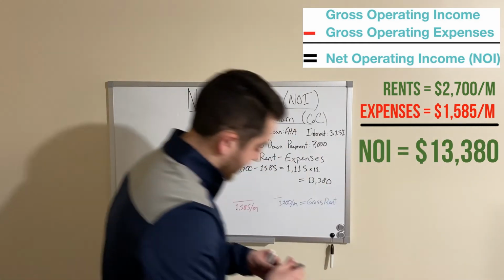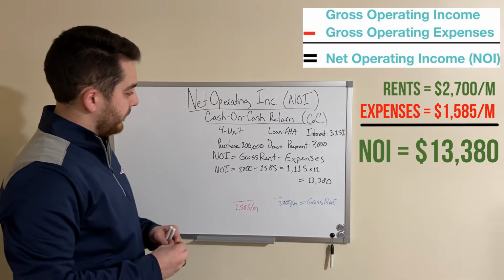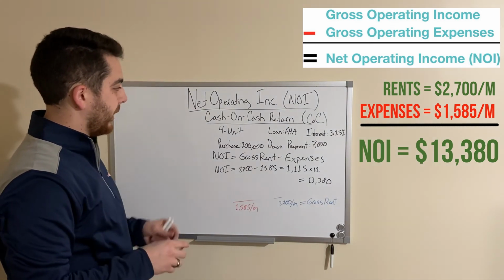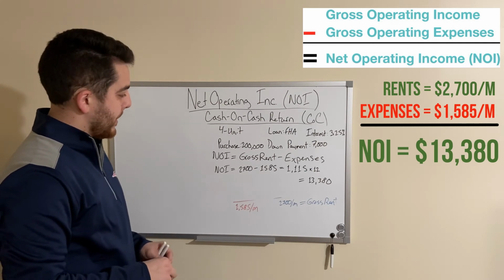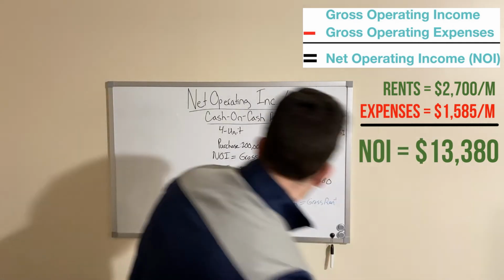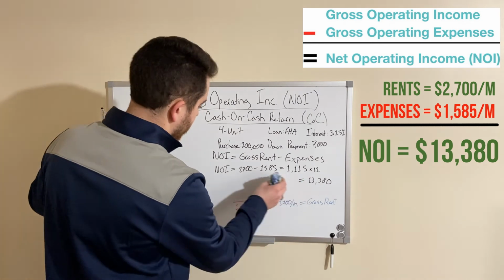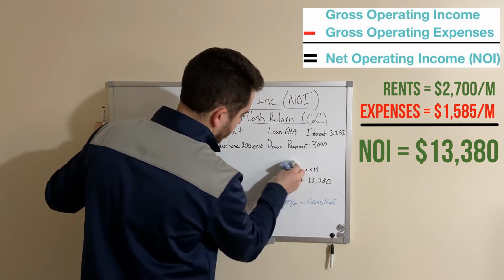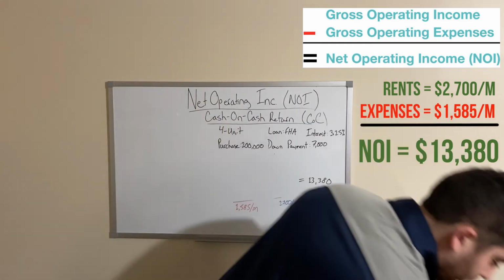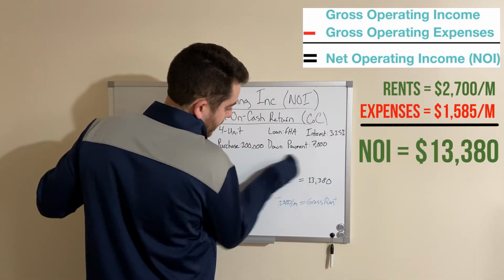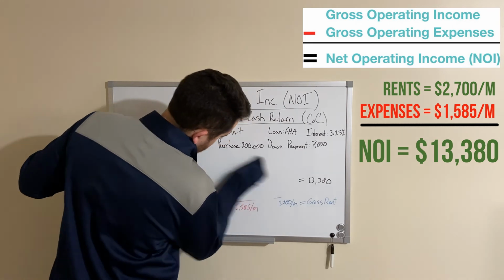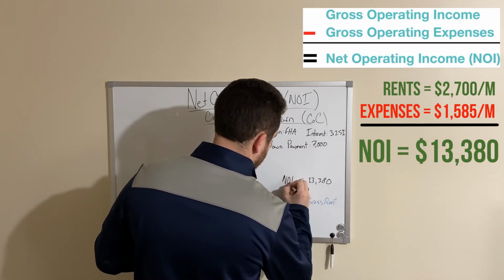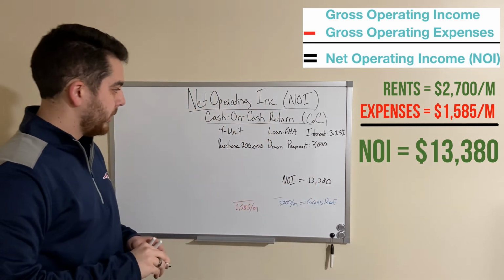So if you haven't written down this equation yet, I'll give you guys a second to do that, and then we'll jump into calculating cash on cash return. That's our net operating income.